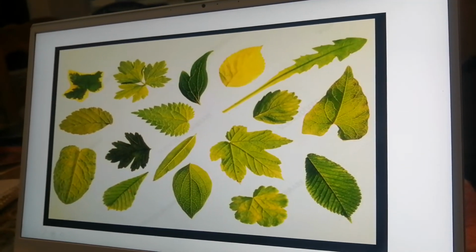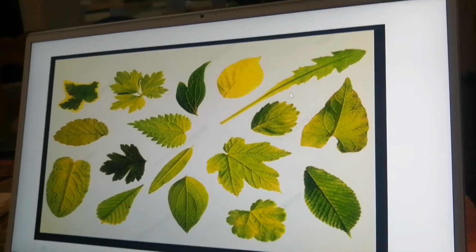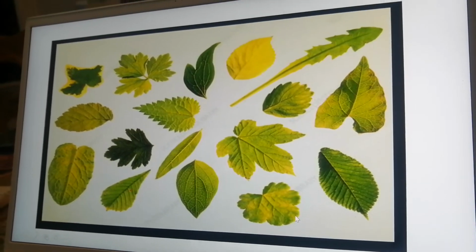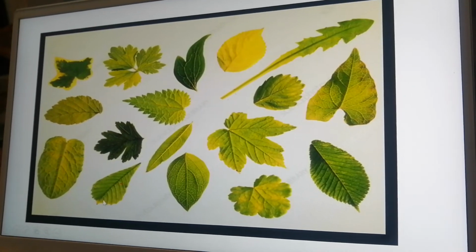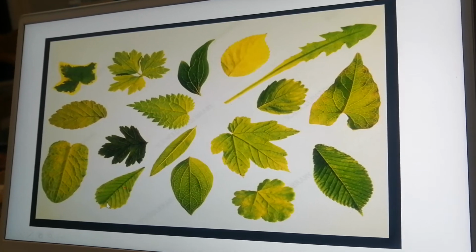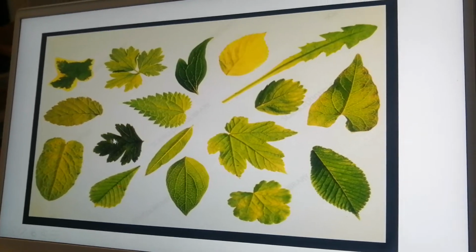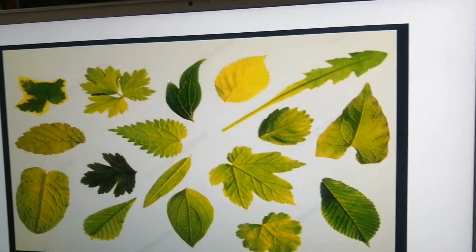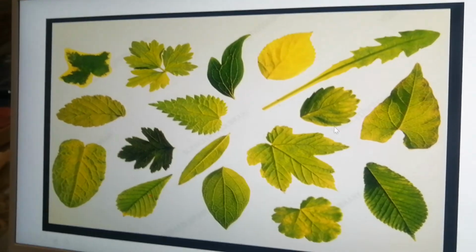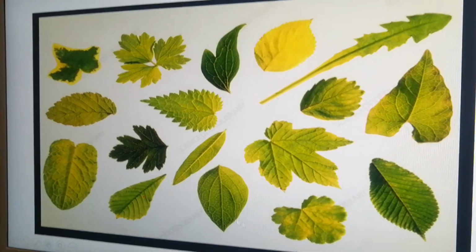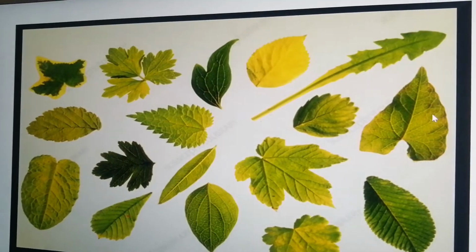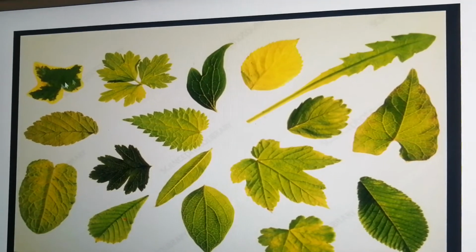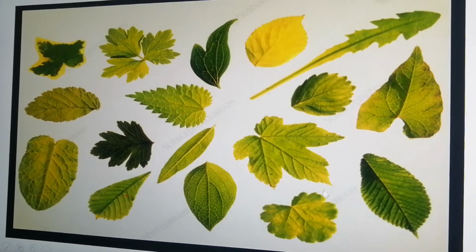Okay, so we have here, to give you an overview, different types of leaves, and I know that most of you have already encountered these in your surroundings. I think that you're familiar with them. If you are a plantita, I know that you have seen this kind of leaf in your gardens.